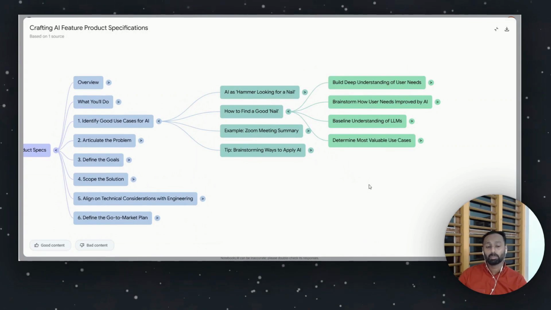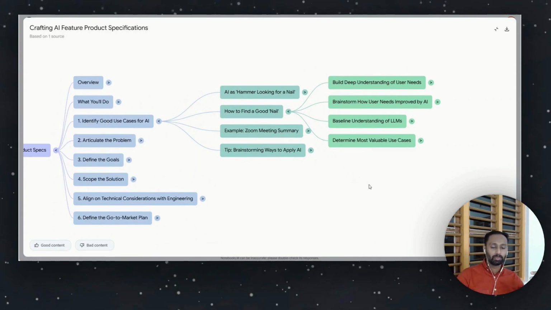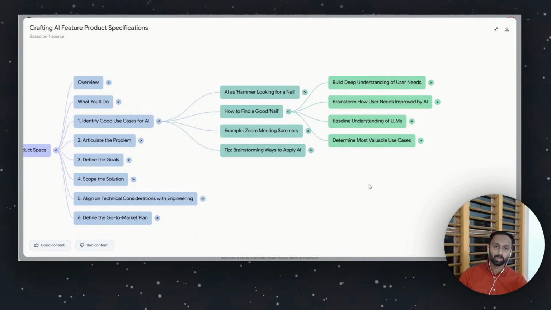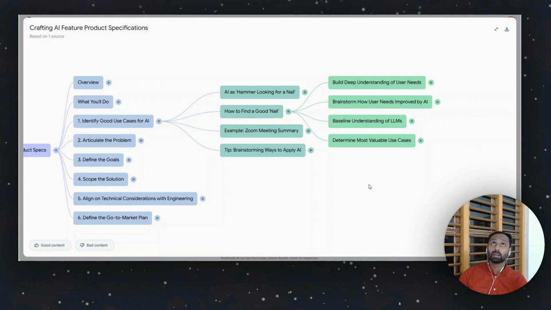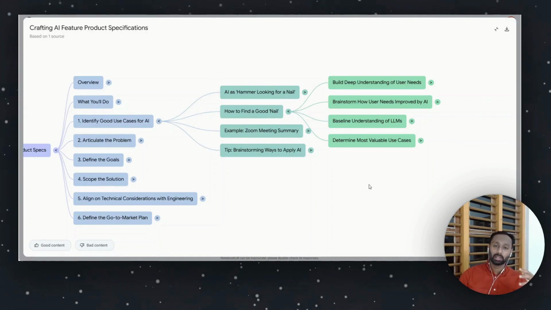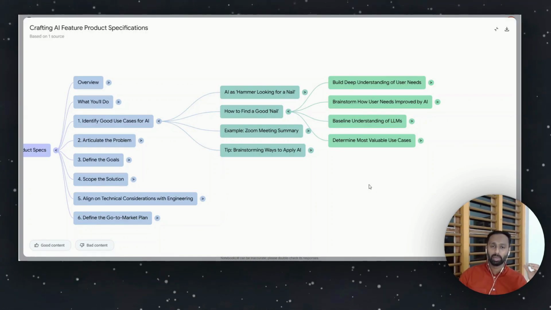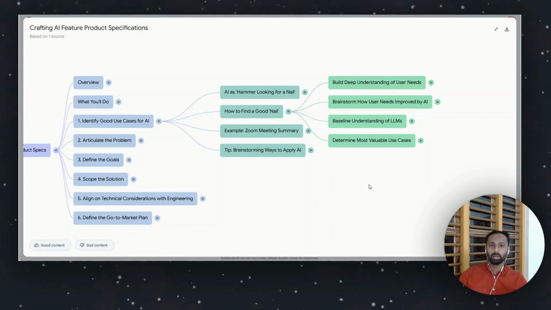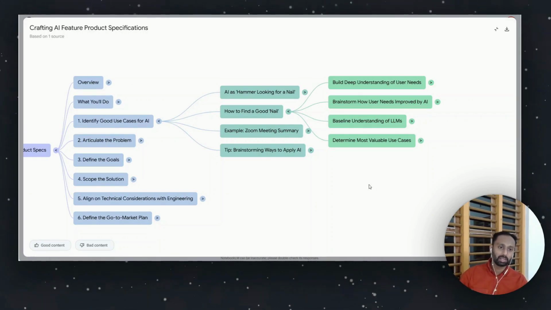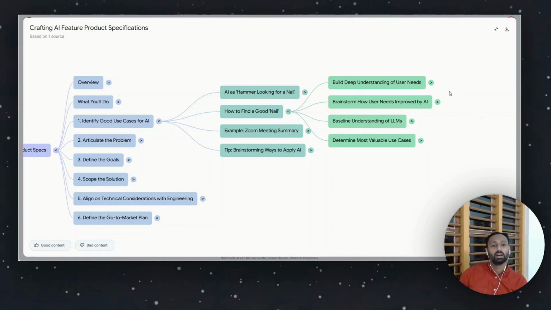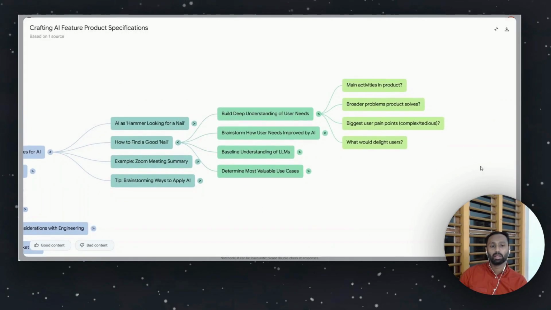One of the best approaches when it comes to finding a good problem to solve with AI is, again, as you think about a traditional feature, the best approach is always going from the user's problem, right? So first, build a deep understanding of user needs. What are their problems?